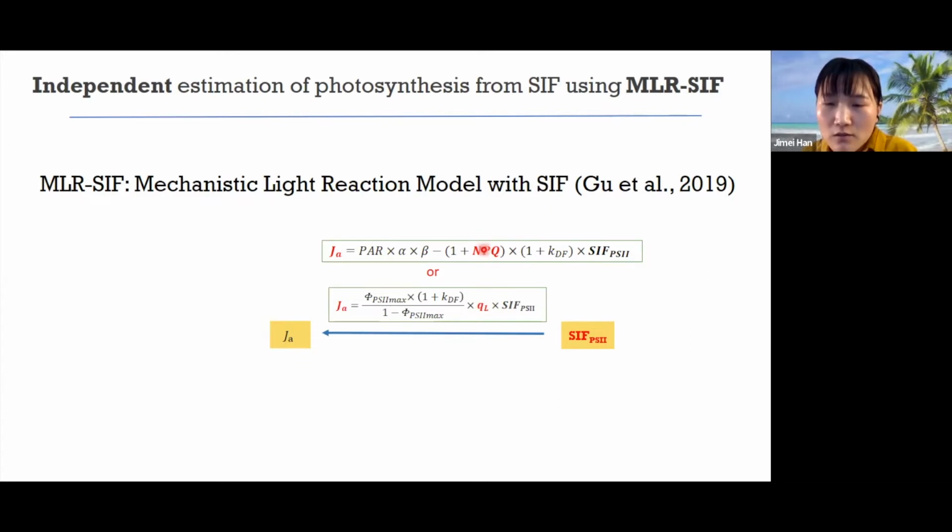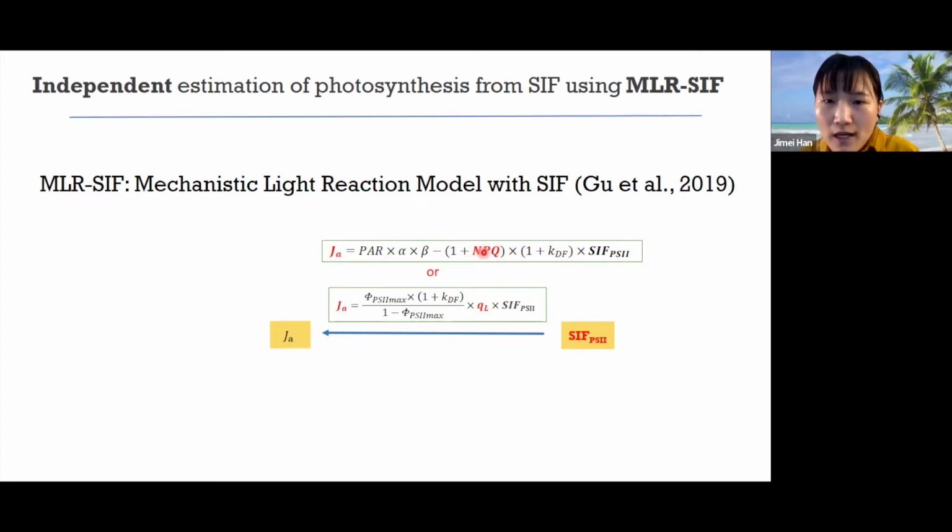But NPQ involves both energetic and enzymatic reactions. Although the heat dissipation from NPQ is predominantly localized in the light harvesting complex, its activation and regulation occur in the lumen, thylakoid membrane and stroma.